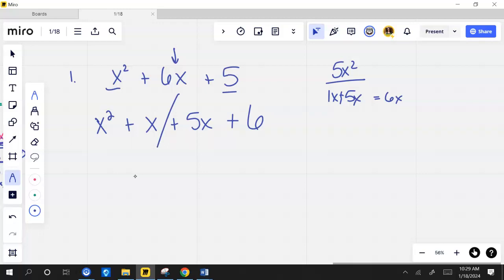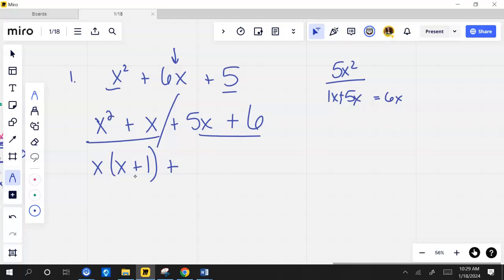The middle sign always stays with the last ones. What can I take out of those two? 1x. What's left when I take that out? X plus, what if I take everything away? 1. Because it's really a division problem. So what's x divided by x? And that's 1.